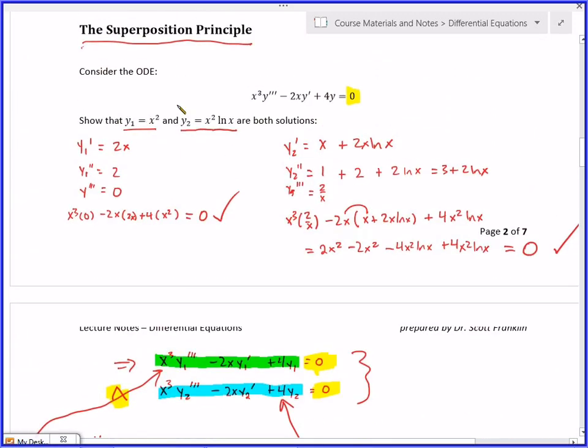If y1 was x squared, I wouldn't want to say y2 is maybe 3x squared, because this y2 is not really any different than this y1, other than it's a constant multiple of it. Whereas this one is a completely different function. And what do I mean by completely different? Well, that's this terminology down here of linear dependence and independence.